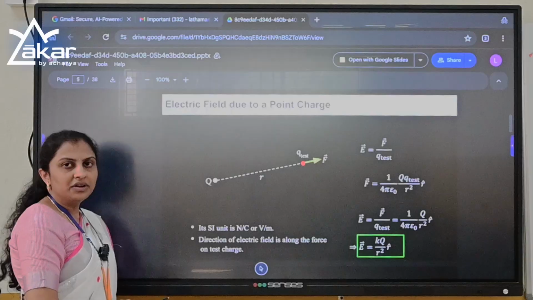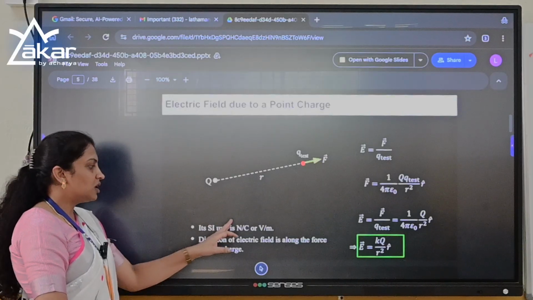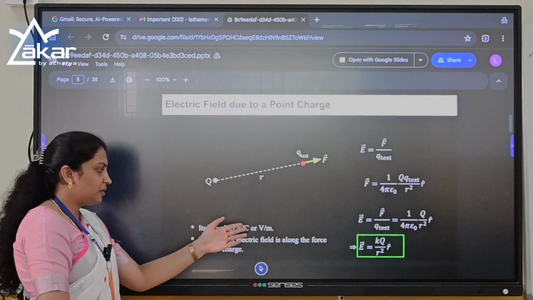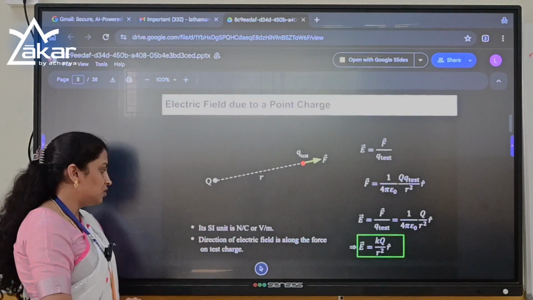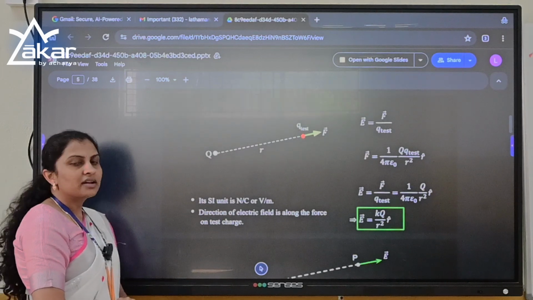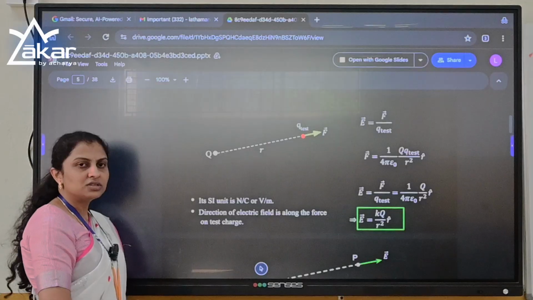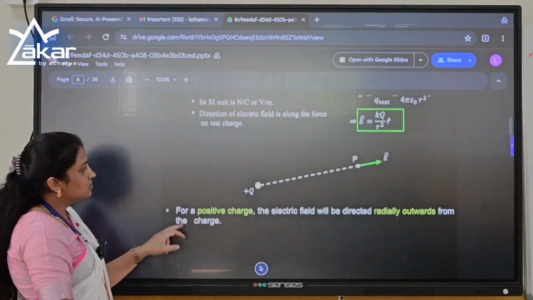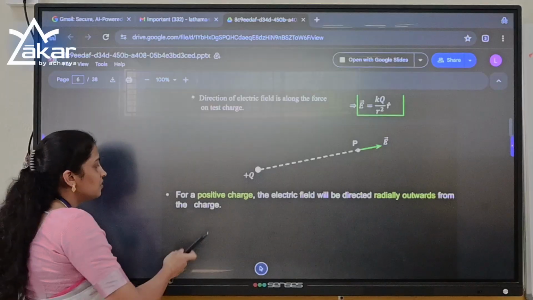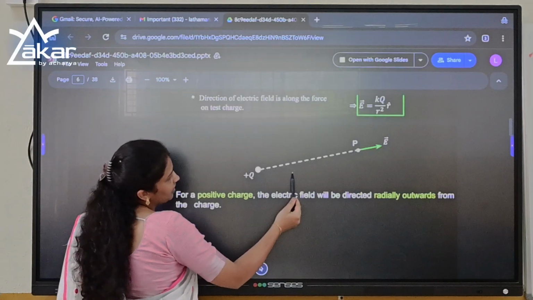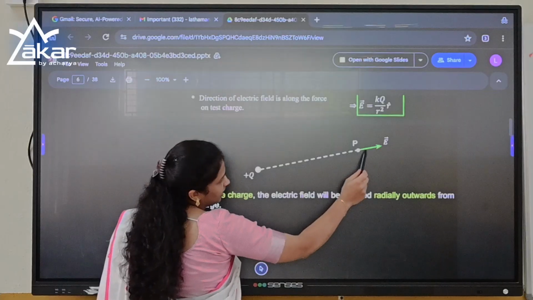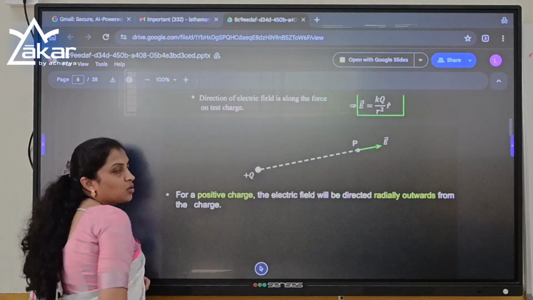So what is the SI unit of electric field? Newton per Coulomb or volt per meter. The direction of electric field is along the force on the test charge. Now you can see, for a positive charge, the electric field is directed radially outwards.